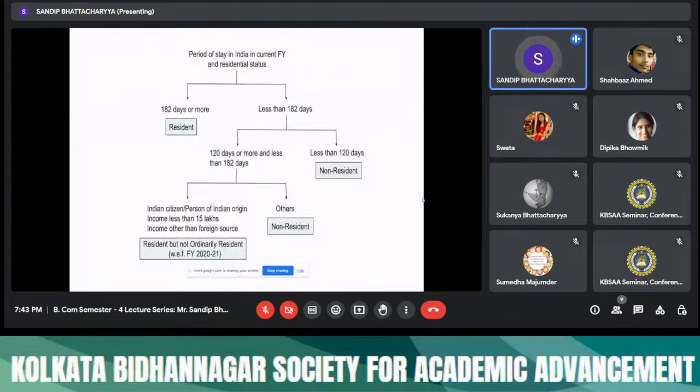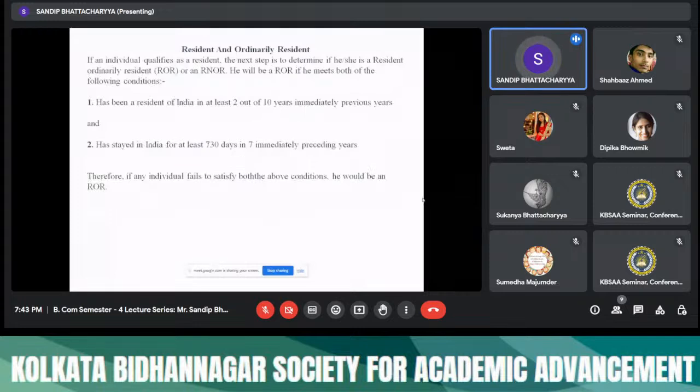If it is more than 120 days but less than 182, and a person leaves India for the employment purpose and his income is greater than 15 lakhs, then we can say it is a resident but not ordinarily resident. So this is the additional condition for the resident and ordinarily resident.